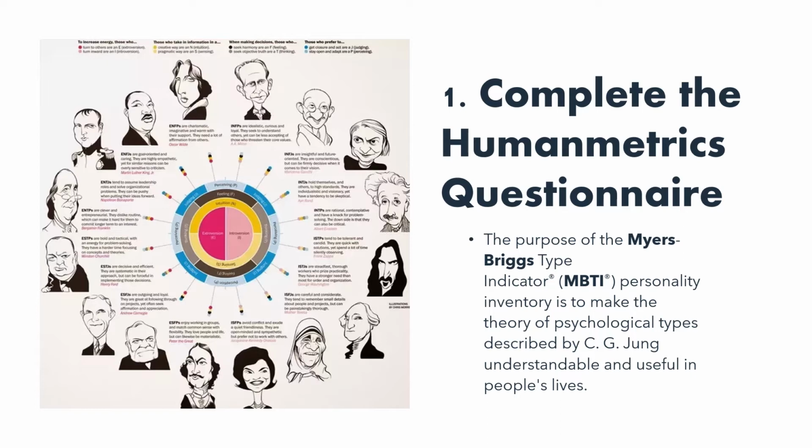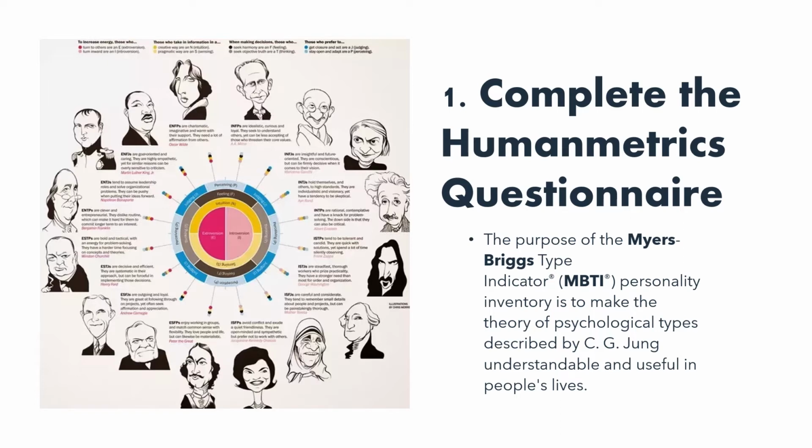I'm using a free version. It's called the Human Metrics Questionnaire. And this is what we're going to use to help you figure out for yourself what may be causing some of the fears of public speaking.